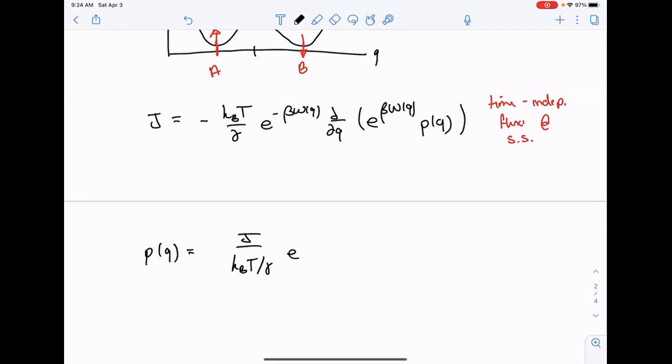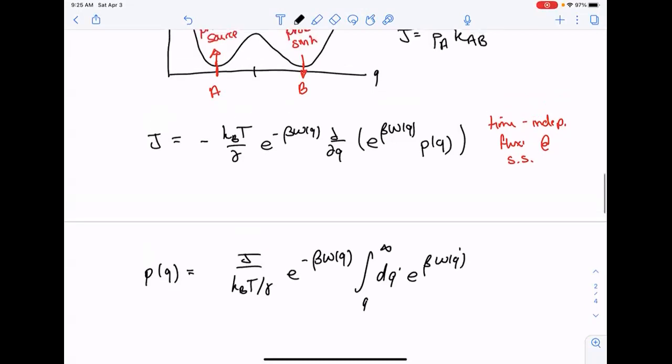I can bring that factor of e to the minus omega of Q and an integral from Q. I could choose the boundaries that I want, consistent with the prescribed boundary conditions. Like so. That's just rewriting that above equation, solving for the steady state density.